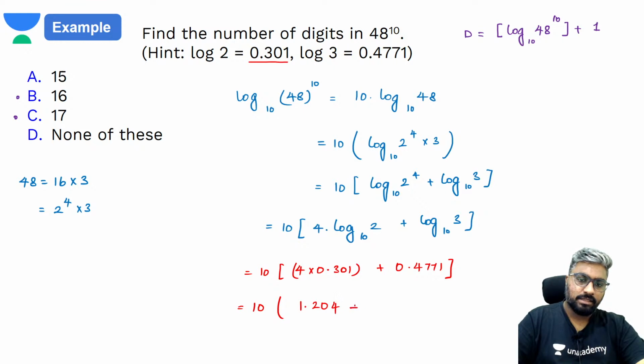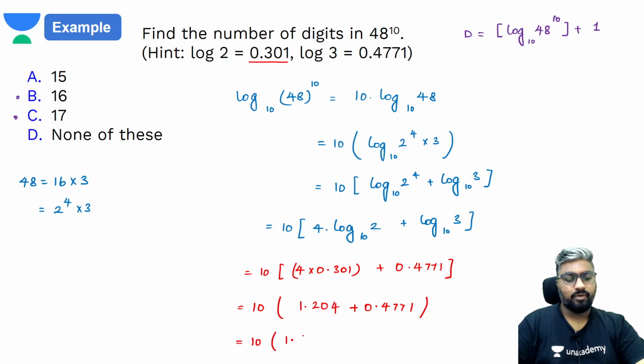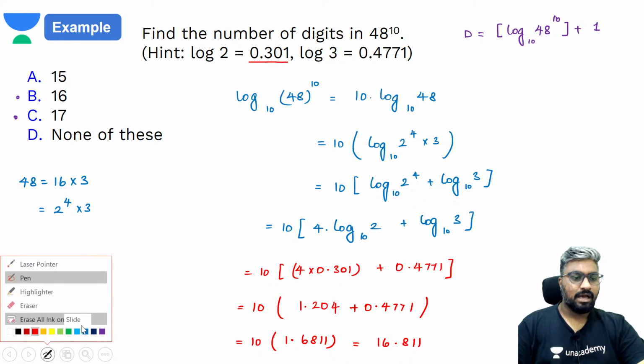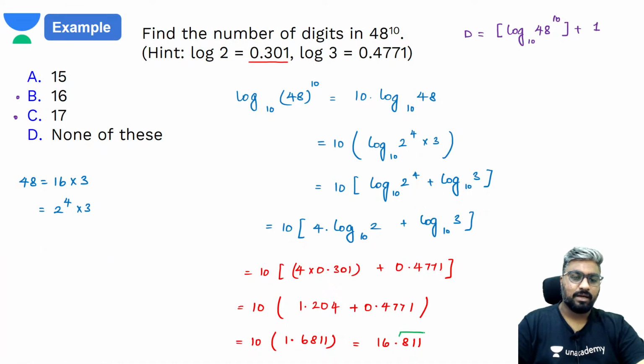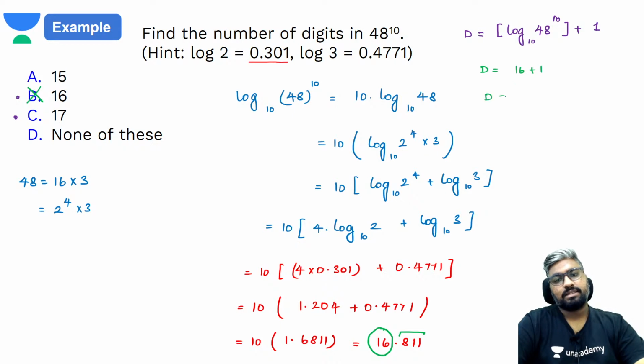Plus 0.4771. If I add 0.4771, I will get 10 into 1.6811, which is nothing but 16.811. We don't want this 0.811, we only need this 16. 16 is not the number of digits, 16 is the characteristic of it. So the number of digits will be 16 plus 1, which is 17.